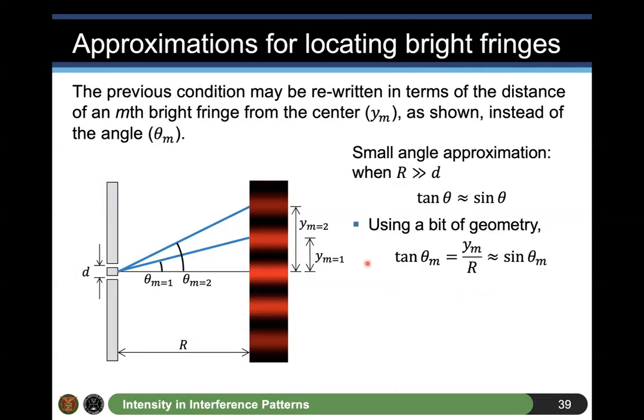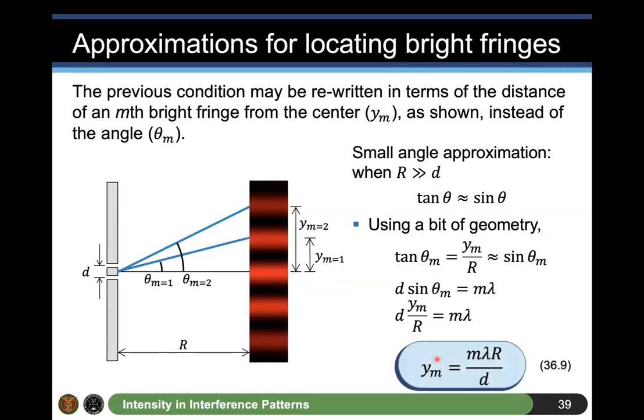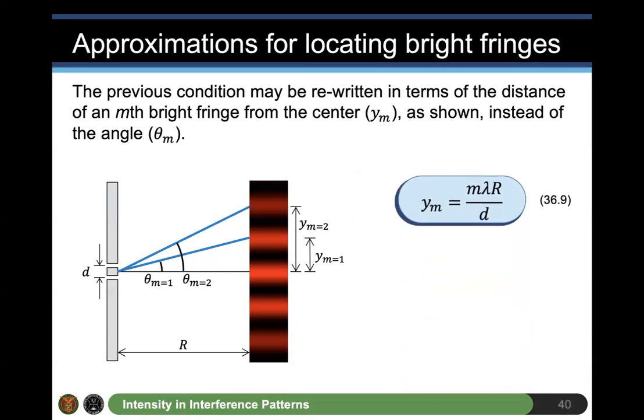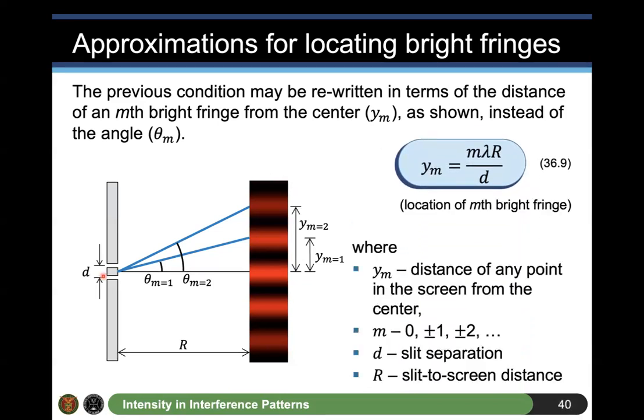Ito. Tapos, i-plug in natin ngayon yung bagong value for sine theta, which is yung approximately ym over r. We get this. Okay. So, this is now yung ym, yung location or distance from the center of the viewing screen. Okay? R is yung distance ng viewing screen and then D is yung distance between the slits. Okay? So, yun eh. Slit to screen distance, slit separation, etc.